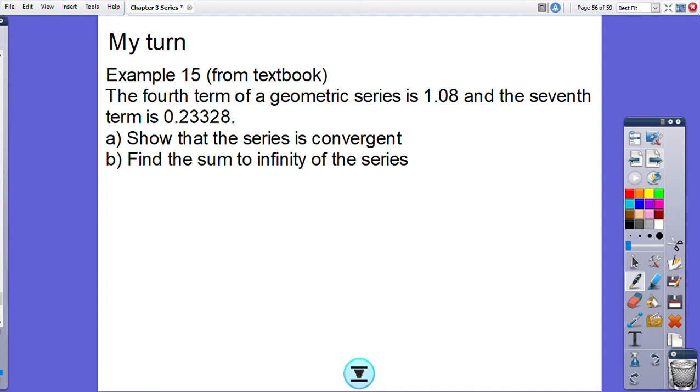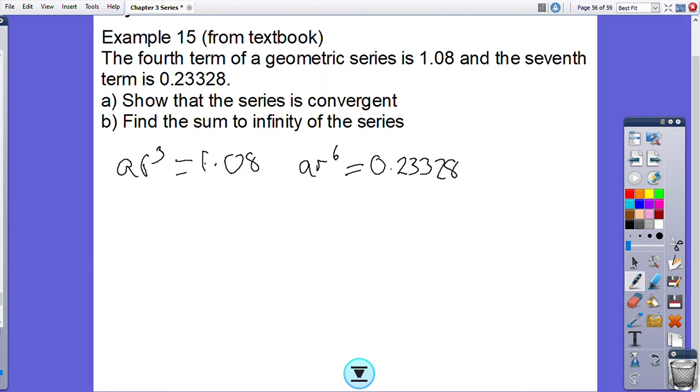So let's get started. The fourth term, remember we write as AR to the n-1, so AR cubed equals 1.08. And the seventh term, which is going to be AR to the 6, is 0.23328. Like what we did last time, we don't have to just add and subtract simultaneous equations. We can divide them, and that's what we're going to do here.